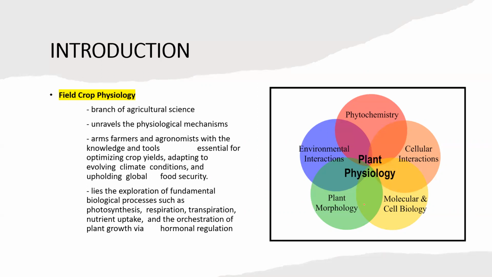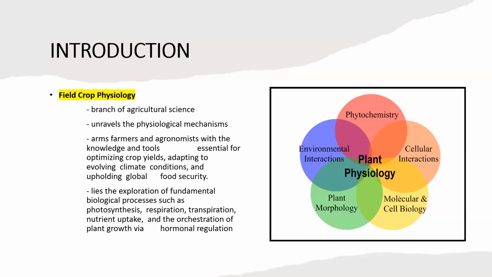And also, the scope of plant physiology is about the cellular interaction, the molecular and cell biology, and the plant morphology. So whatever the morphological structure of our plants, it means that is the product of the physiological activity na nangyayari mismo sa loob ng plants natin.